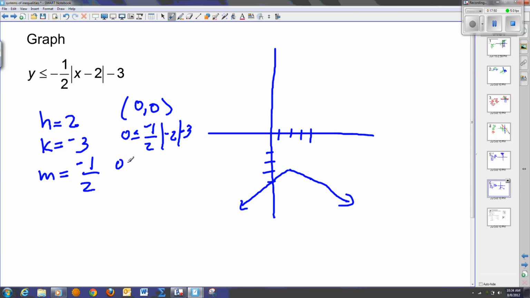Two times -1/2 is -1, minus 3, and we know 0 is less than or equal to -4, which is again a false statement. So if this is the false statement, nothing in this region satisfies the inequality, so I must shade once again inside that absolute value region.